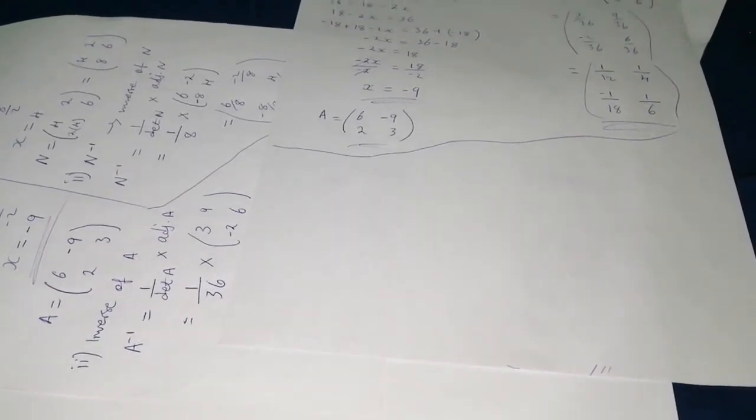So I wanted to talk about the relationship between the inverse and the matrix, and why we said when the determinant is 0, then the matrix will not have an inverse. The inverse of a matrix is a matrix whereby when you multiply it with the original matrix, you end up with what we call the identity matrix.